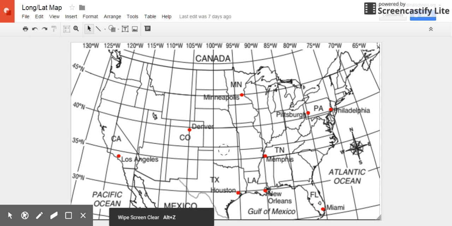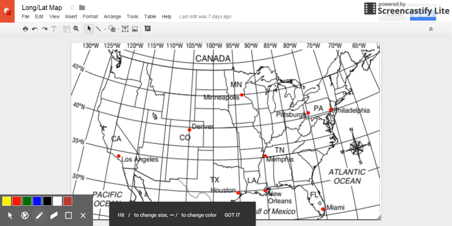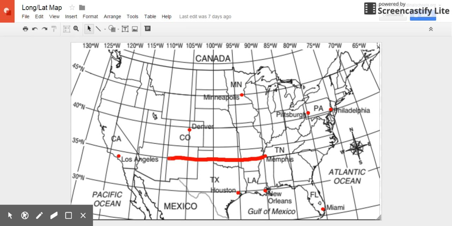If I'm trying to locate a different one, how about Memphis? Same idea. I'll start at Memphis and do my latitude first. It's located right on this line here, which, as you can see, is 35 degrees north.